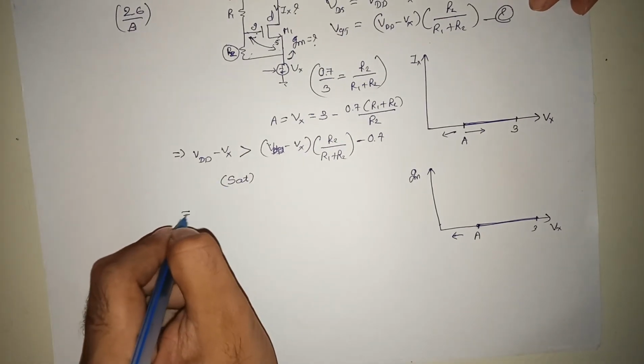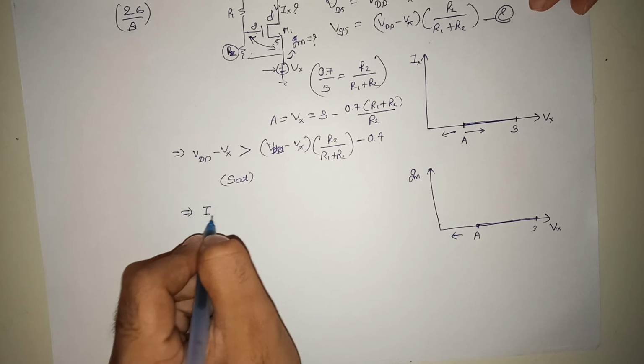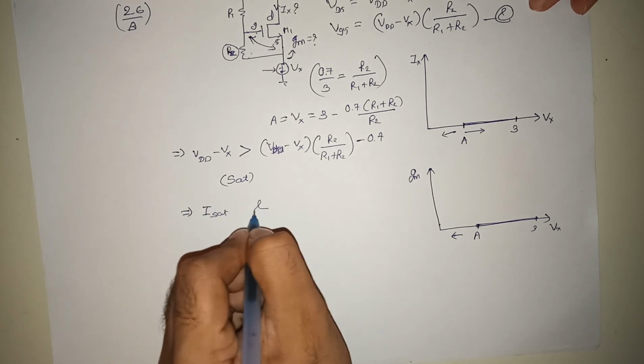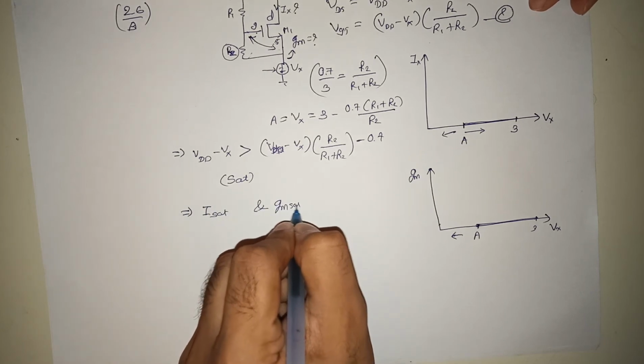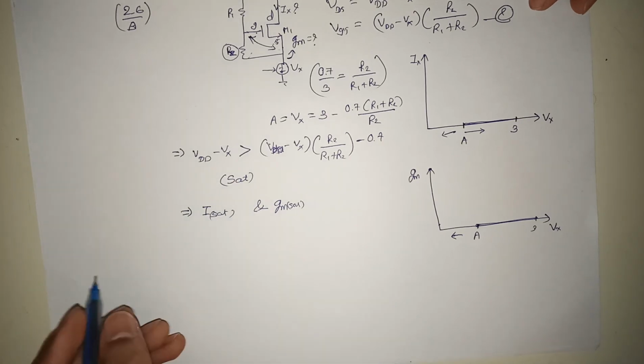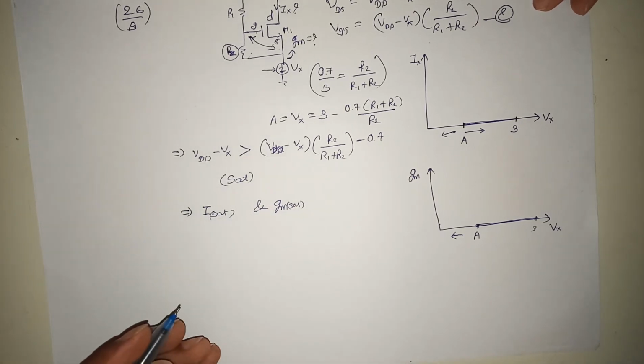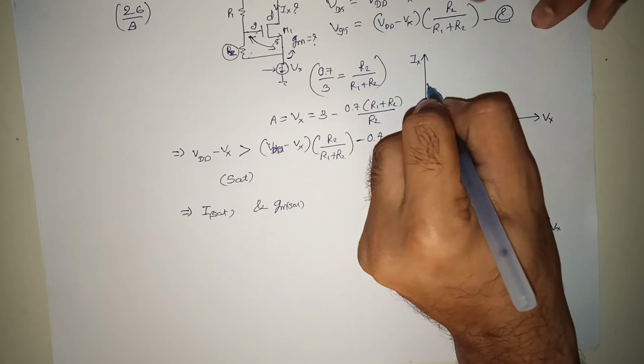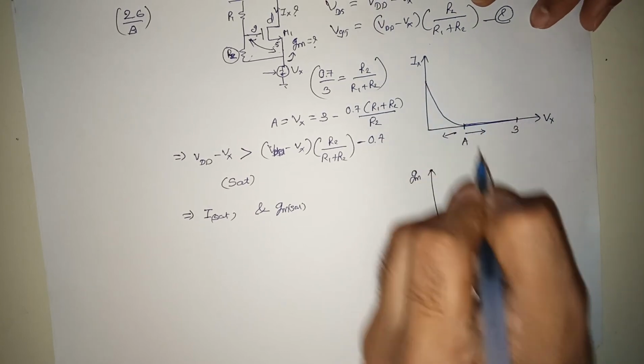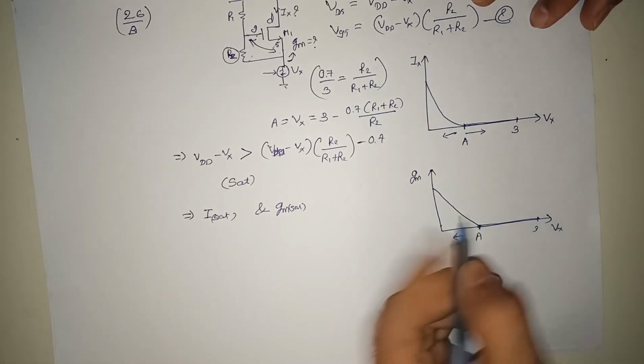So the equations for I and Gm are in saturation. You can just find that equation and put it in. You will get this kind of curve. This is a straight line. Why?